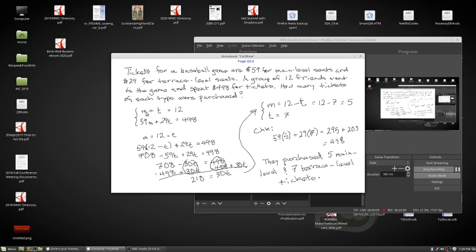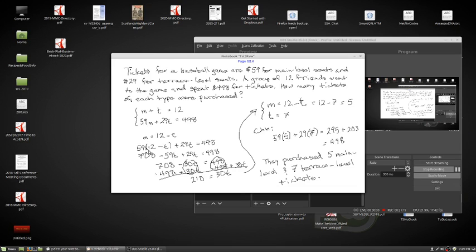So this is doing it by substitution, and really when we first did this type of problem, we were actually using the substitution method. We just didn't write everything down a whole bunch of times. If we solve this first equation for M in terms of T, we get that M is equal to 12 minus T. Then we substitute this 12 minus T in for M in the second equation.